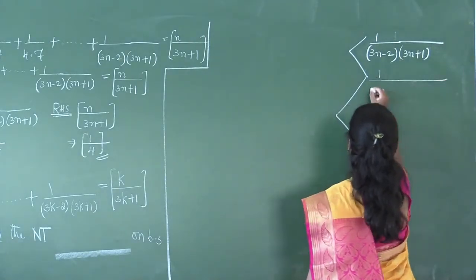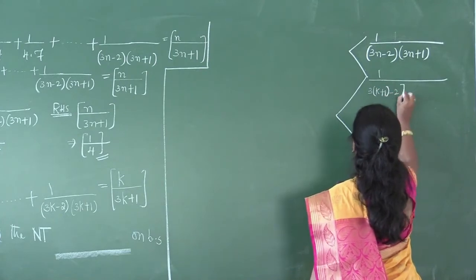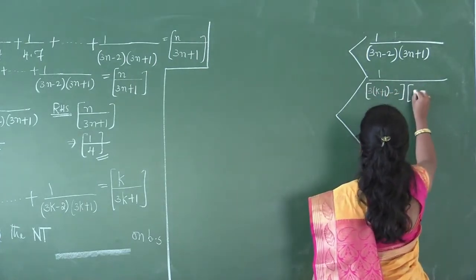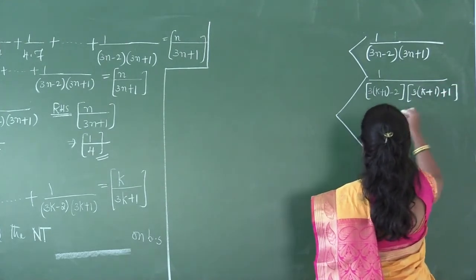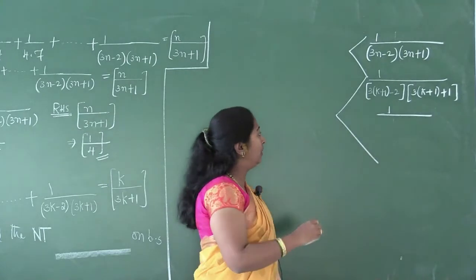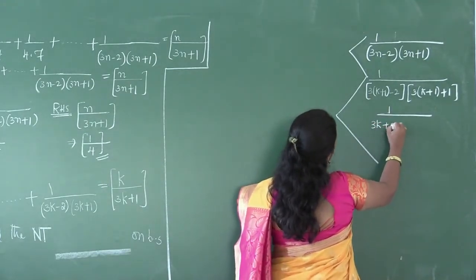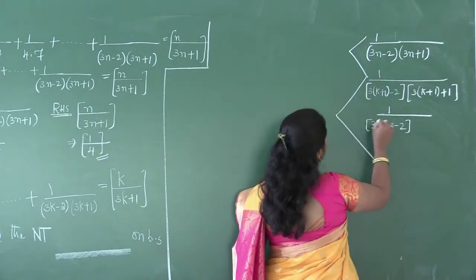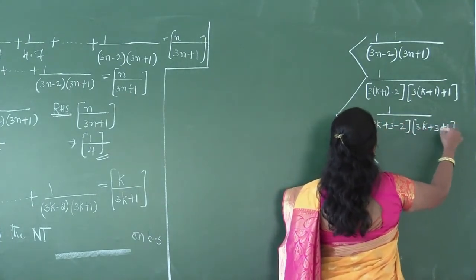K plus 1. So 3 into k plus 1 minus 2, again 3 into k plus 1 plus 1. So what will be the resultant answer here? 1 upon 3k plus 3 minus 2 into 3k plus 3 plus 1.